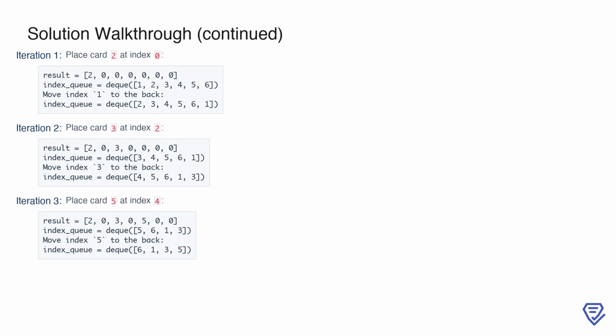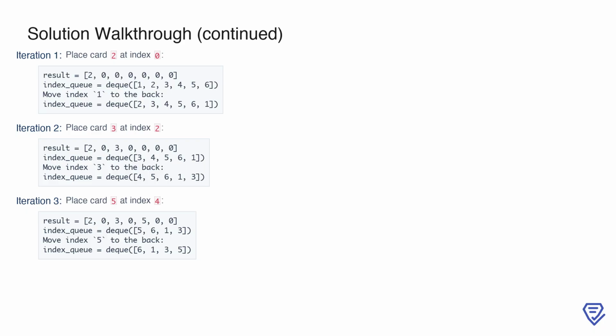Next, card 3 is placed at index 2, updating the result array to 2, 0, 3, 0, 0, 0, 0. The index_q becomes deque 3, 4, 5, 6, 1, and then index 3 is moved to the back, resulting in deque 4, 5, 6, 1, 3. Similarly, card 5 is placed at index 4, updating the result array to 2, 0, 3, 0, 5, 0, 0.